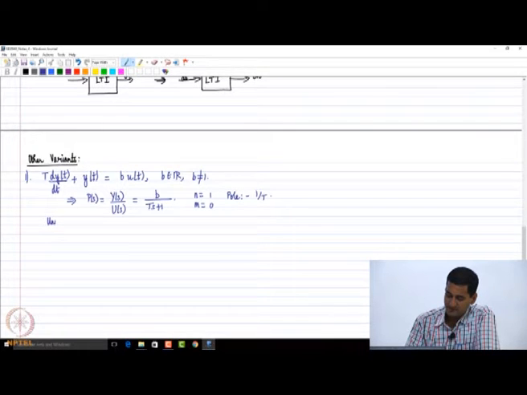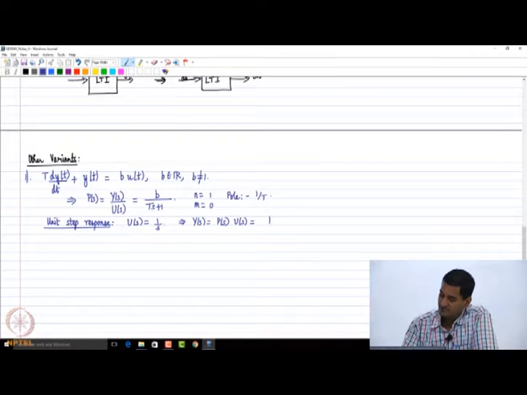Let's say we get the unit step response. Unit step response means u of s is equal to 1 divided by s. So y of s is equal to p of s times u of s, which is b divided by s times (capital Ts plus 1).